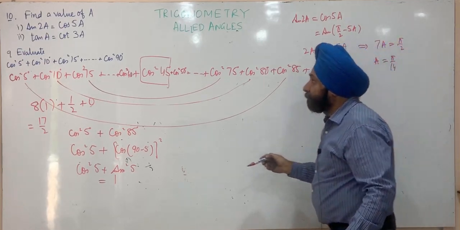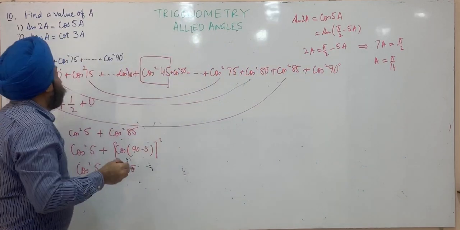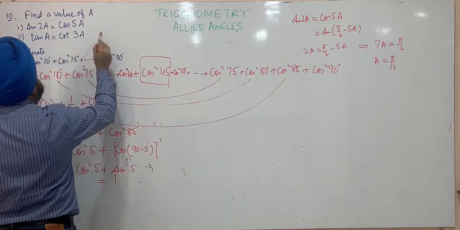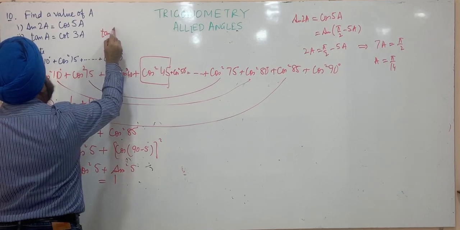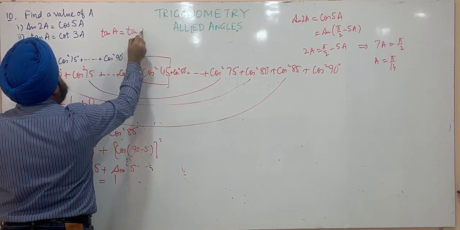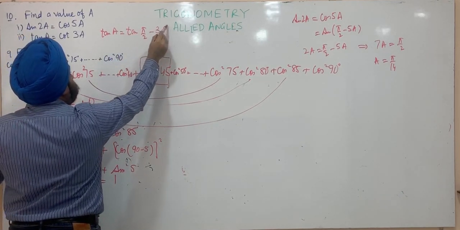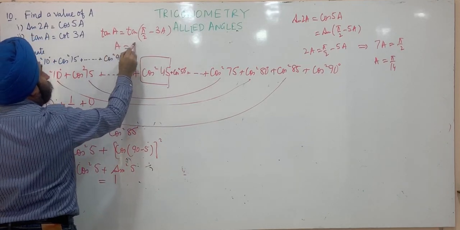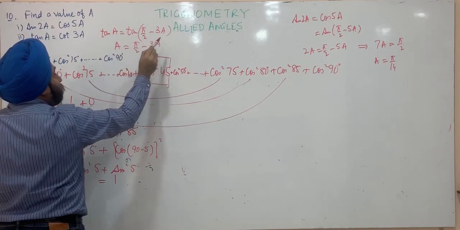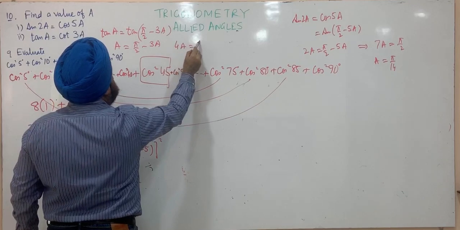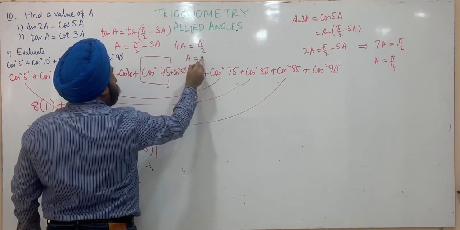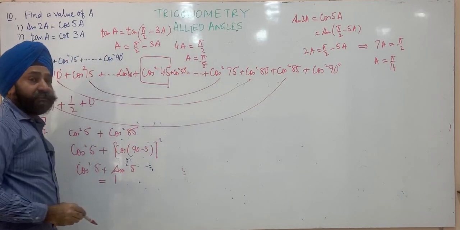And the last one, we have tan of a is equal to cot of 3a. That means tan of a can be written tan pi by 2 minus 3a. A is pi by 2 minus 3a. That's 4a equals to pi by 2 or a is equal to pi by 8. This is how we do it.